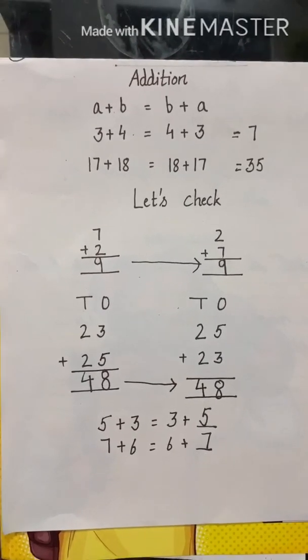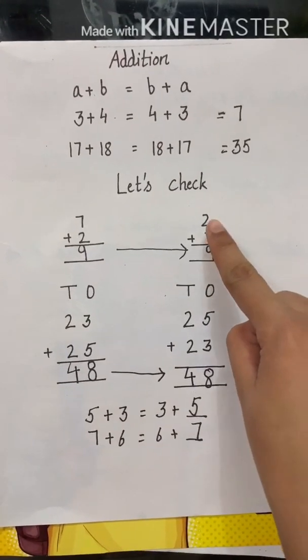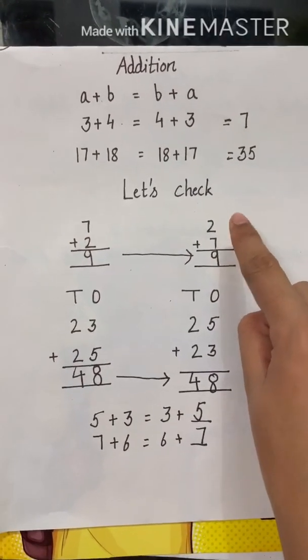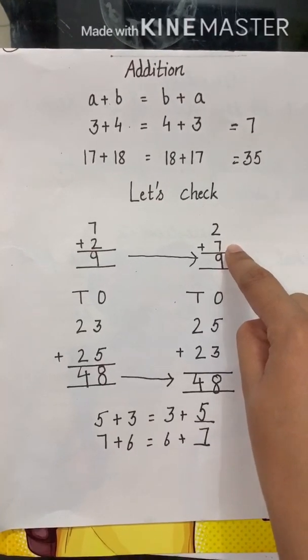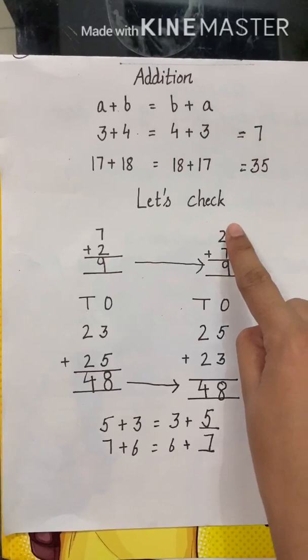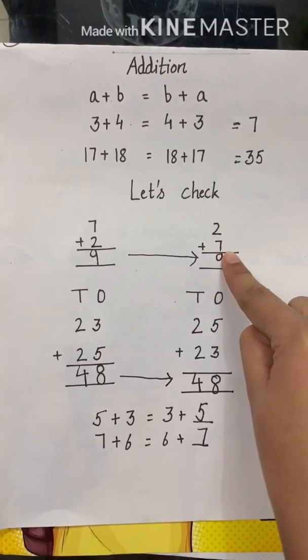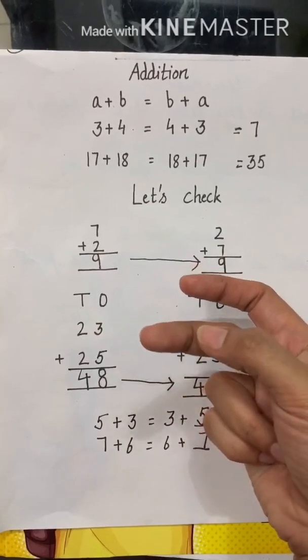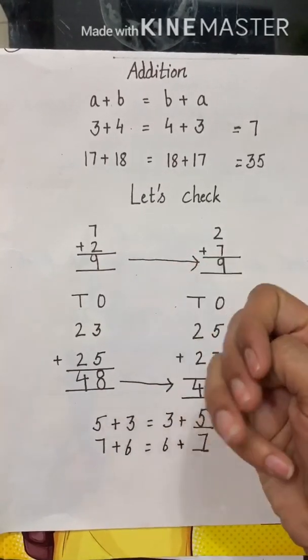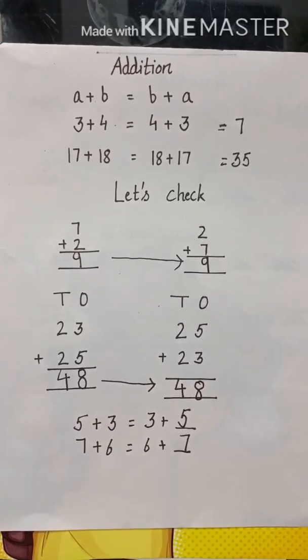But in actual, while learning the addition, we keep the first number in mind. So in this way, if I ask you to keep in mind 2, how many blocks will you move further? 7. This time 2 in mind and 7 blocks further. So 3, 4, 5, 6, 7, 8 and 9. So I'm again reaching the number 9.